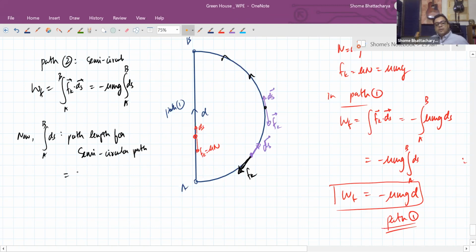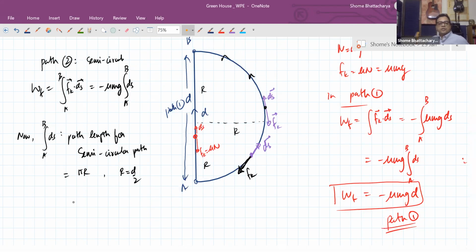It will be equal to pi r, where r is d by 2. The total distance was d. This was d. So d is also the diameter of the semicircle. Okay. So work done by friction will become minus mu mg into pi d by 2.